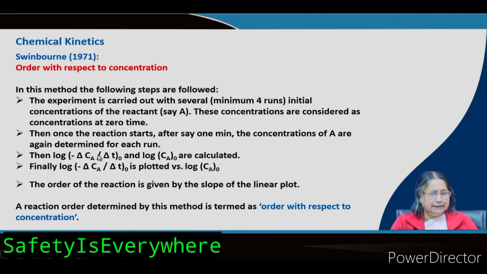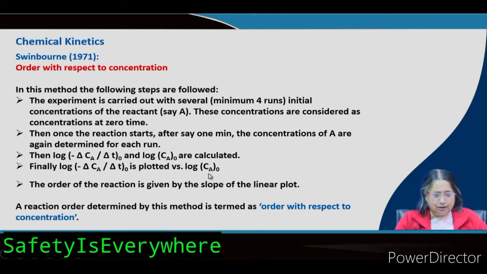So, this value we can get, and we can also get the log of this, and then log Ca0, this is the initial concentration, that is why the 0 term is coming, here also the 0 term is coming. Ca0 is nothing but the initial concentration. Okay. So, log Ca0 we can easily calculate, and then we have to plot log of minus delta Ca by delta T against log Ca0.